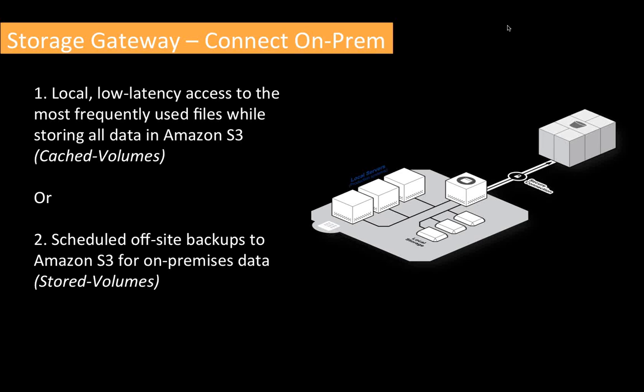Once it's in S3, you're also able to recreate those volumes in the Elastic Block Store and mount them as drives to your EC2 instances. So you can use this as a transport mechanism to send data off premises very, very effectively. Simple to set up, self-service, very cost effective.